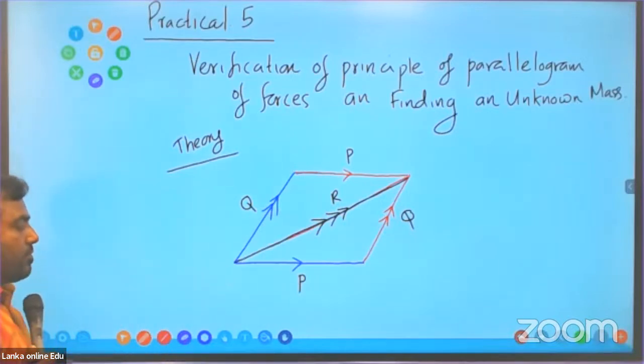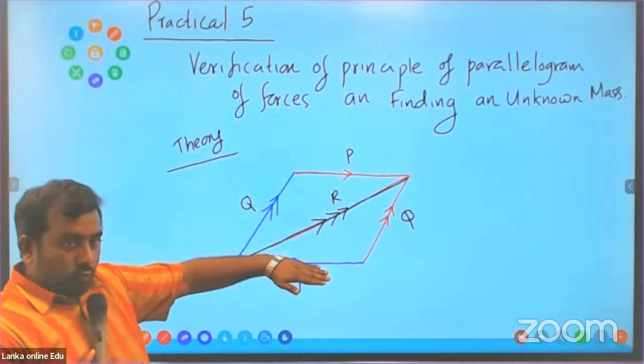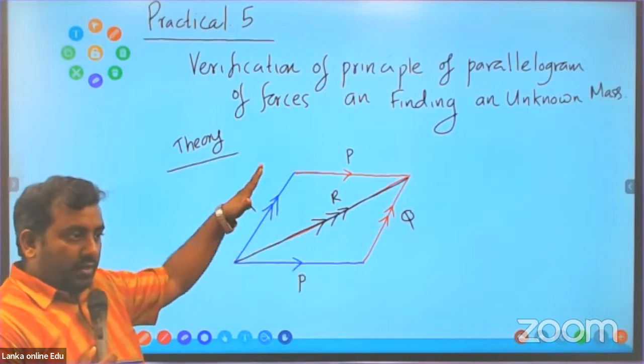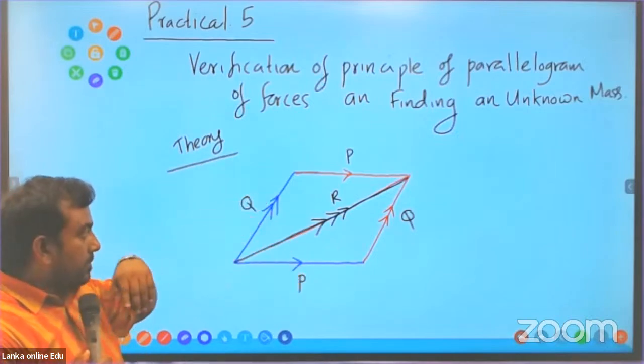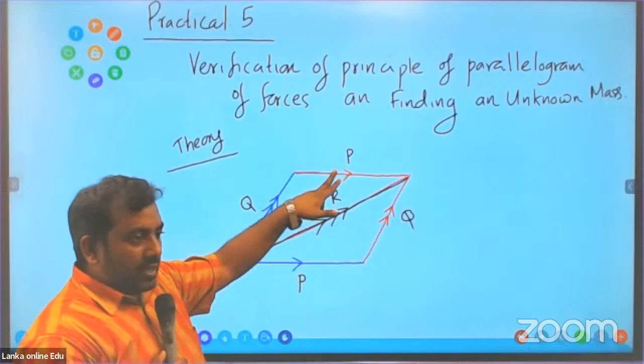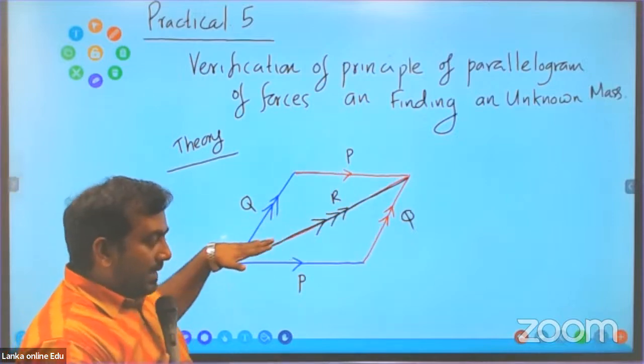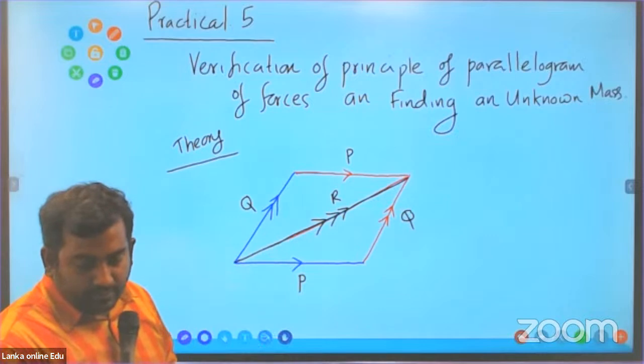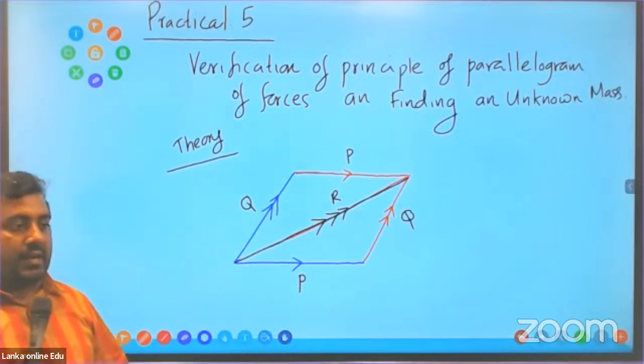Quickly draw this. So two vectors P and Q, things that you know are two vectors P and Q. You are completing the parallelogram. The main diagonal will give you the resultant.